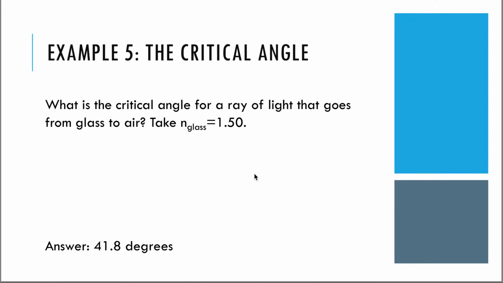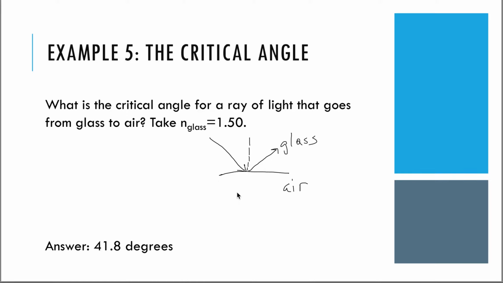So we have a boundary here between glass and air. And we learned that the critical angle is when your incident ray is big enough such that all of the light is reflected back into that medium. None of it goes through into the air.